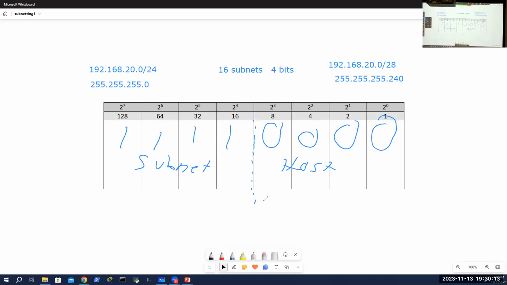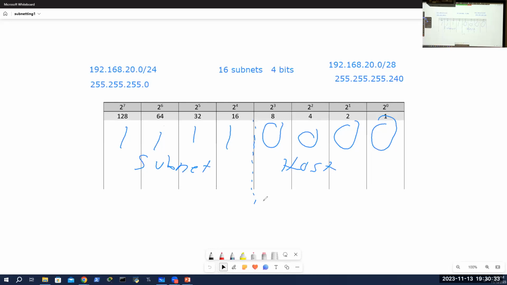If this was the end of the problem, if all you need to do is come up with a new prefix or a new subnet mask, you're done. But a lot of problems are going to ask you to do that, but also what is the network ID for the 3rd subnet?